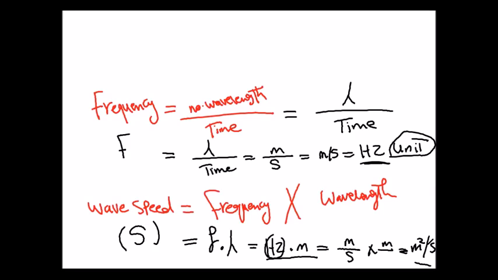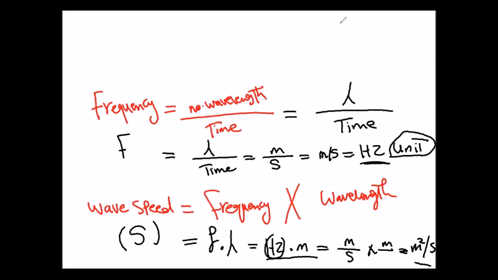If I said the frequency will be 4, we say 4 hertz. If I say wave speed is hertz multiplied by meters, that will be also something used in math, because hertz itself equals one over seconds, which is time.